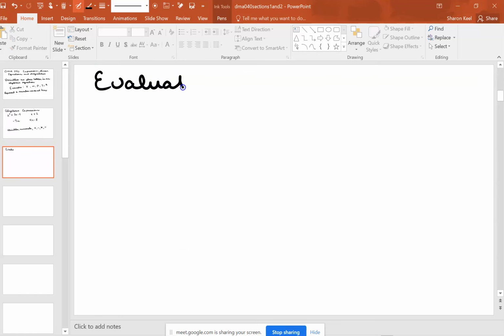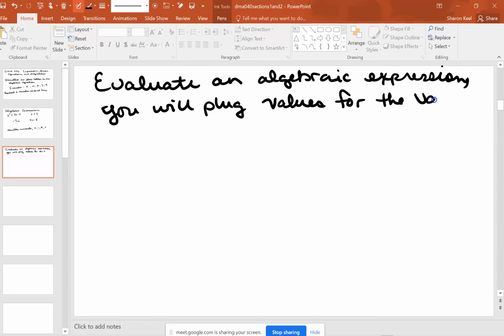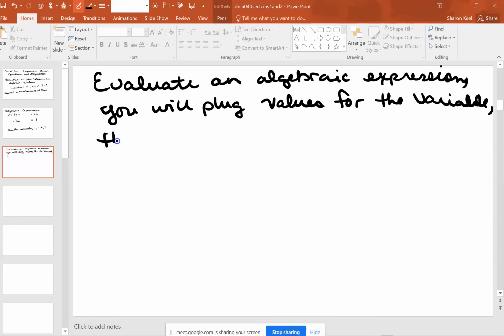When you evaluate an algebraic expression, you will plug in values for the variable, then you will simplify.